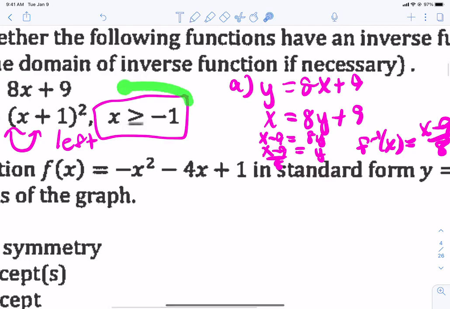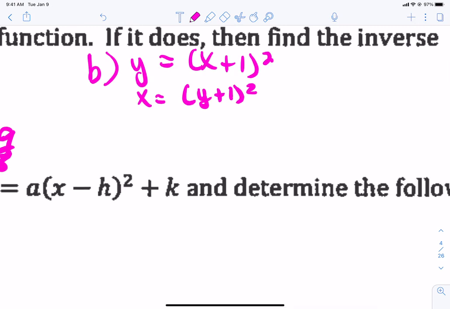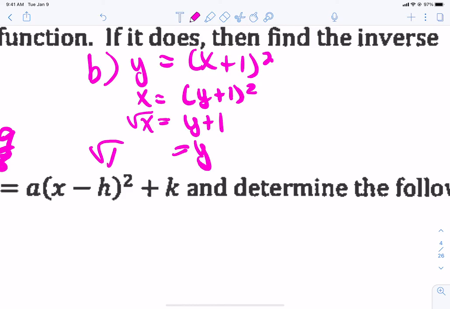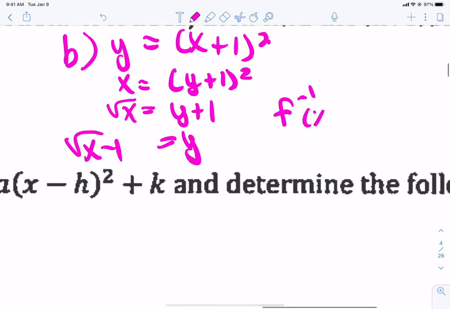This restriction means we only use the positive portion of the graph. And so we end up like this. We end up getting the square root of x equals y plus 1. So y equals the square root of x minus 1. Did they use f? Yep. And so our inverse is the square root of x minus 1.